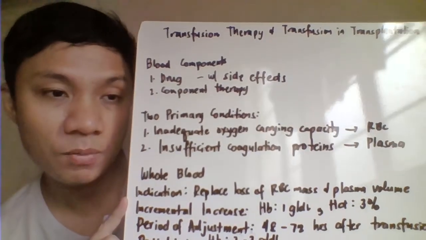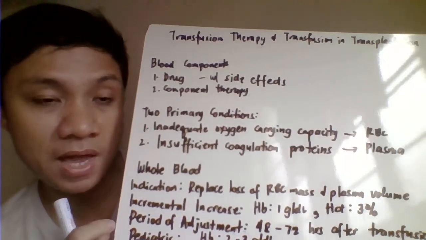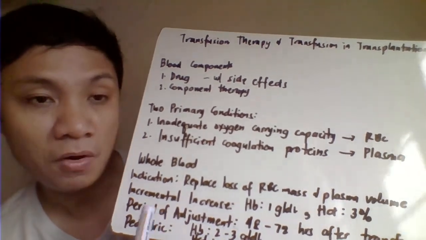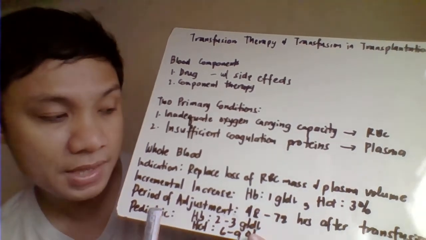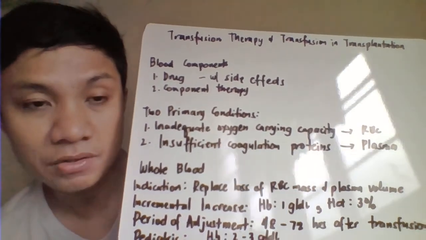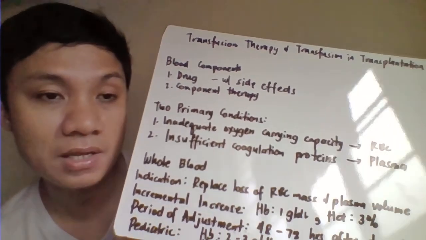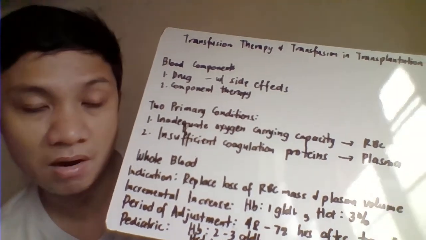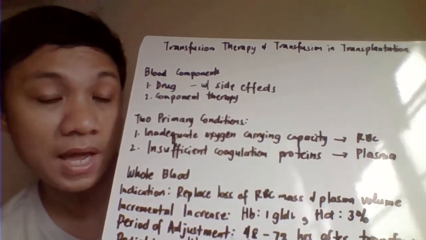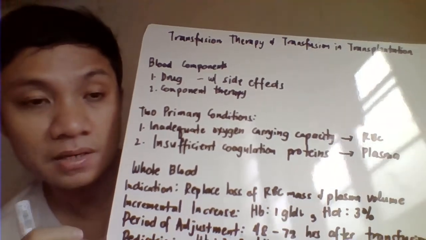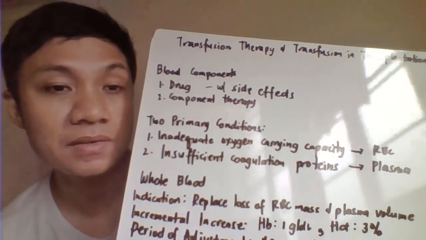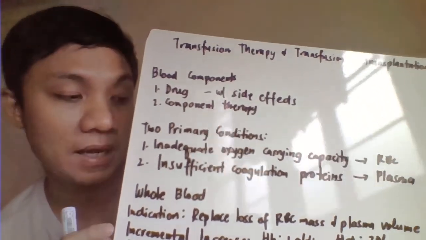You expect that the recipient given whole blood will reach the expected hemoglobin and hematocrit level 48 to 72 hours post-transfusion. So before you recheck the hemoglobin and hematocrit, you need to wait 48 to 72 hours to check if the recipient has already increased its hemoglobin and hematocrit after administration of a unit of blood.